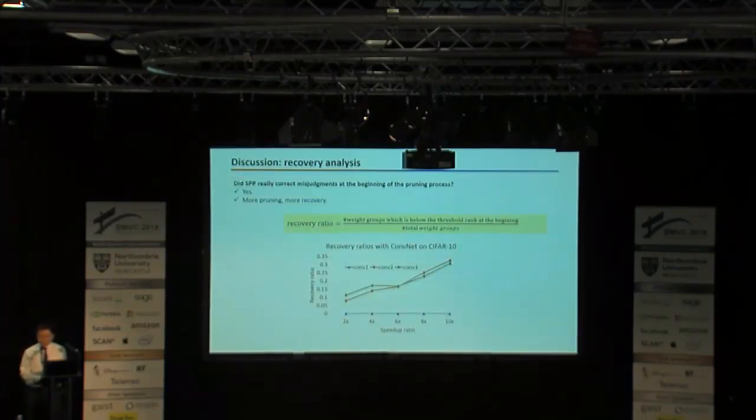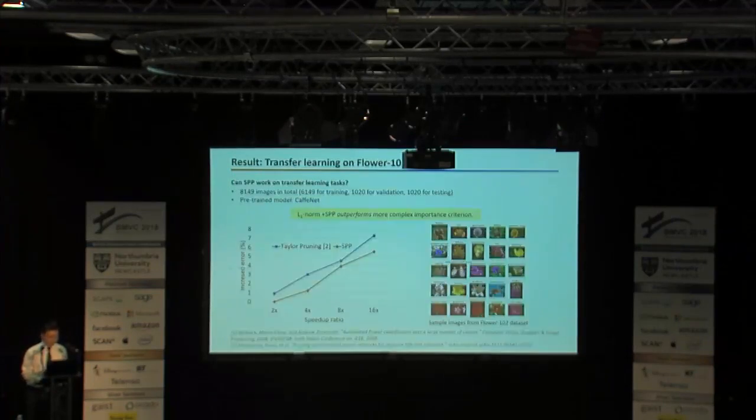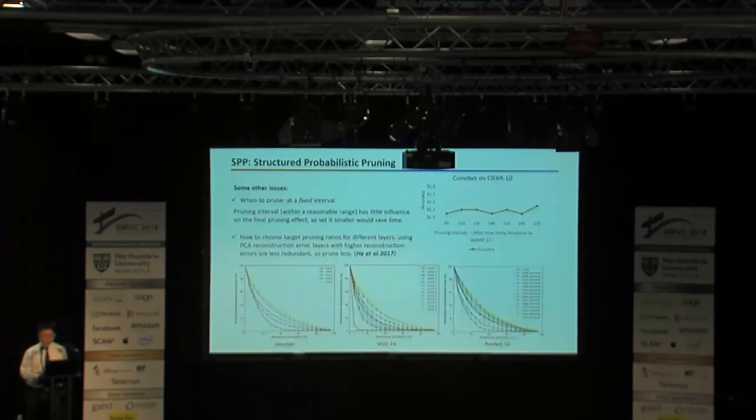Normally in our paper we discussed this. The situation should be like this. For example, we use PCA to deduce, for each layer, how many weights we need to prune. We measure the reconstructed error of each layer.